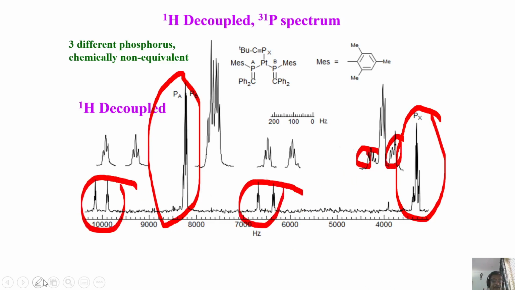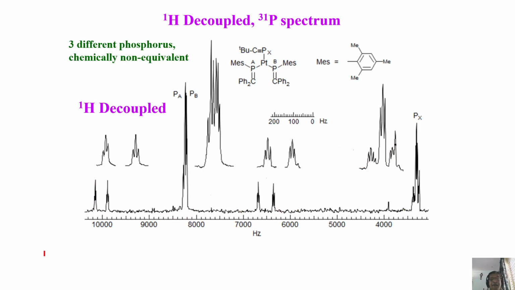What are they? These are all coupling of phosphorus with platinum. It couples to platinum. Platinum abundance is small. Then what do you get? Satellites. Now you are going to get satellites for this peak here. This is phosphorus platinum coupling.